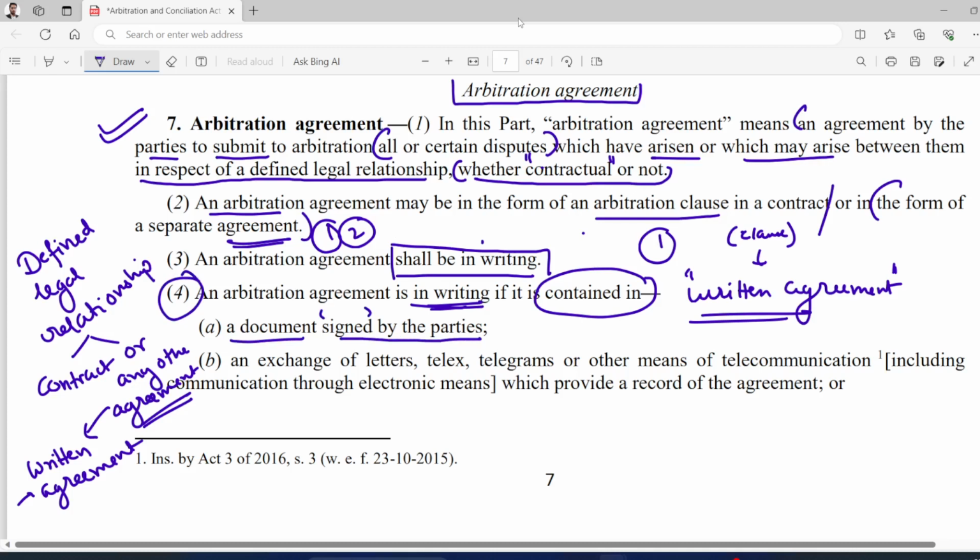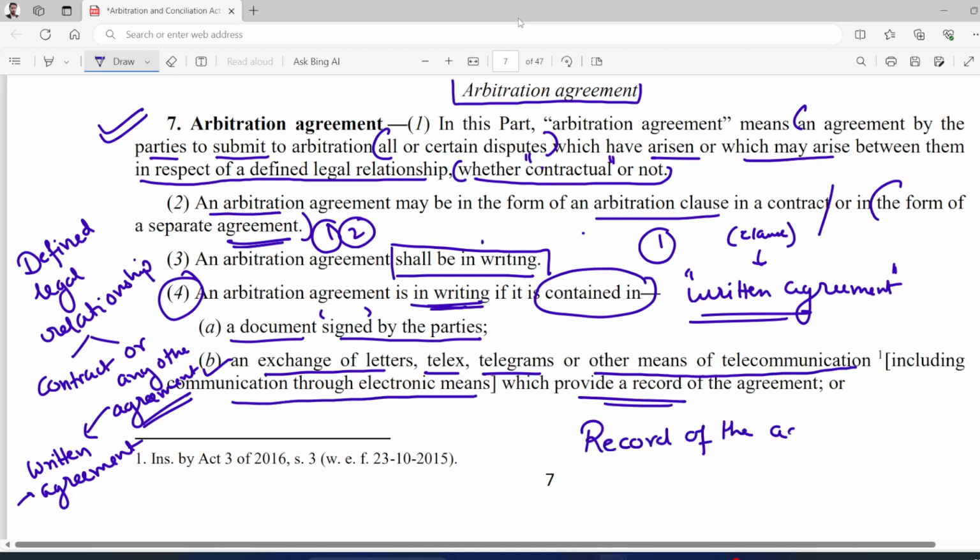Now subsection 4, clause B says an exchange of letters, telex, telegrams or other means of telecommunication, including communication through electronic means, which provide a record of the agreement. So what is important is the record of the agreement.